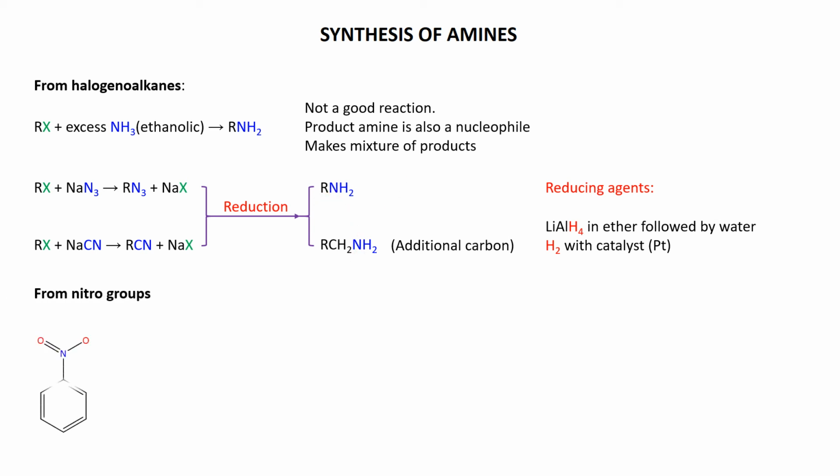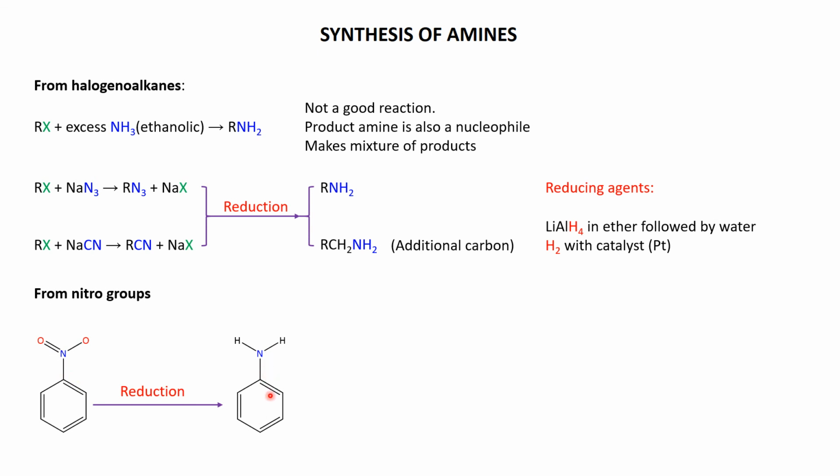We can also reduce nitro groups, and as we'll discuss in a minute, this becomes extremely important for some organic synthetic chemistry. So take a nitro group, in this case nitrobenzene, reduce it, and you turn it into the aniline. And remember, aniline has featured already extensively in our discussion.